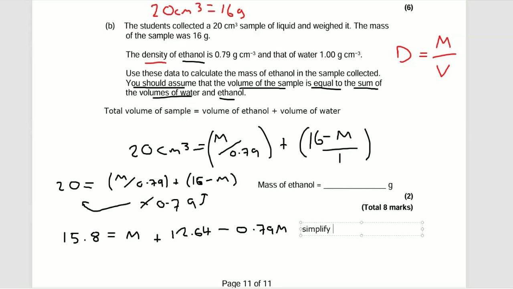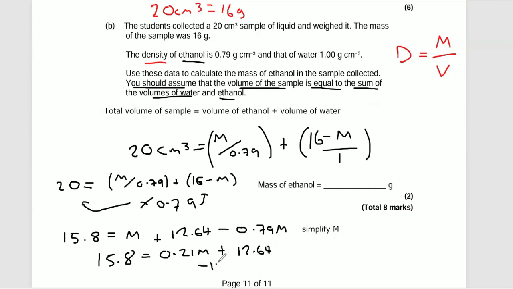I've got M and I've got minus 0.79 M. Put those together and I'm left with 15.8 is equal to 0.21 M plus 12.64.